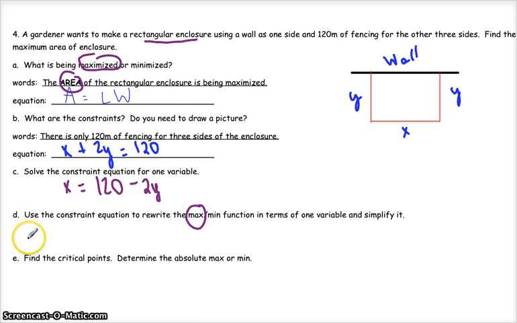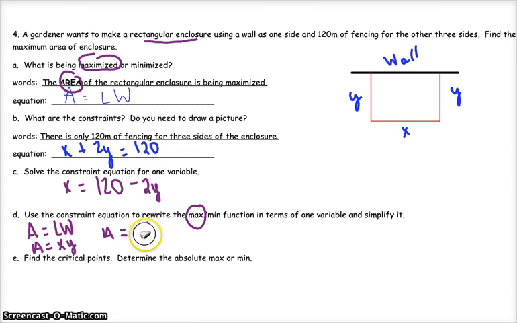Our max function is area equals length times width, and in this case my length and width are represented by X and Y. So X times Y represents my area. So I can substitute, and that gives me that area is X times, in the place of, oh, sorry about that, I just made a mistake.